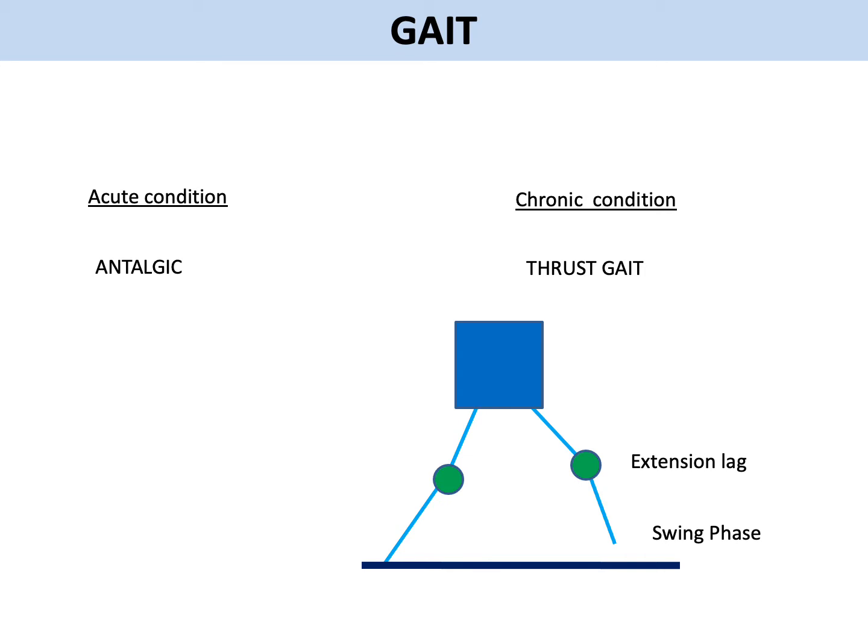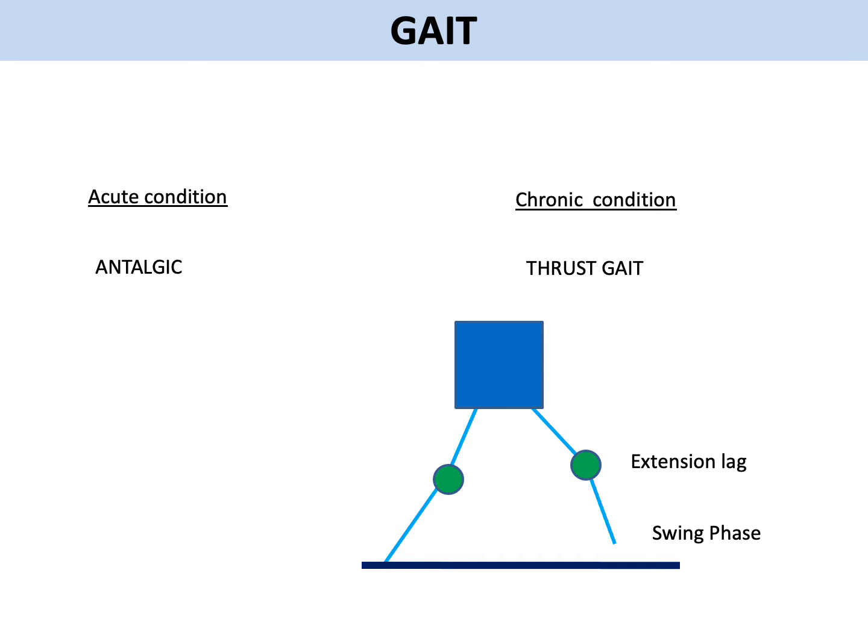To begin with the examination of any knee joint, we should start from the gait. And gait has to be examined both in acute conditions and also in chronic conditions. But in case of acute conditions, it's painful, maybe because of fracture or maybe because of ligament tear, meniscus tear.